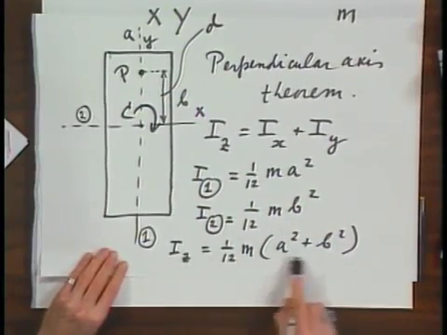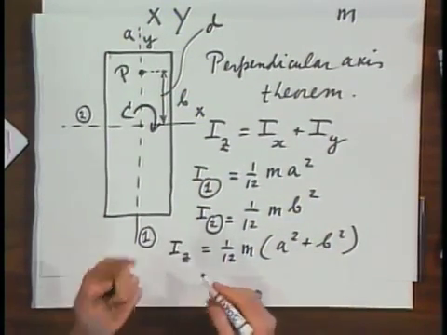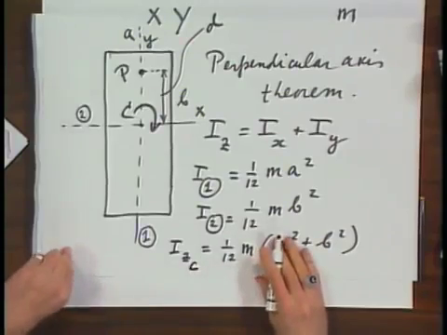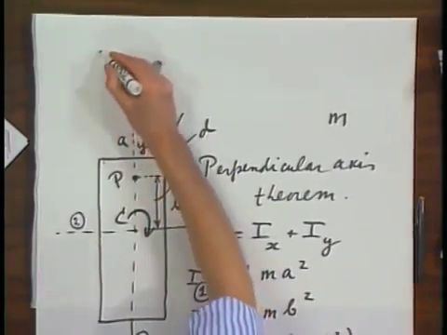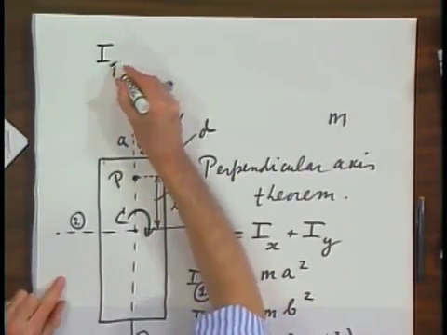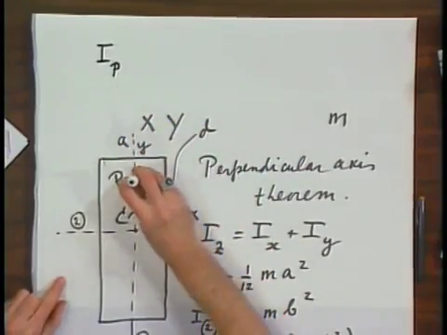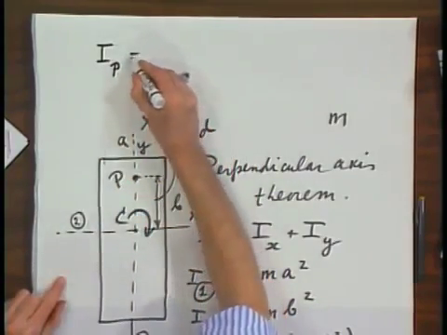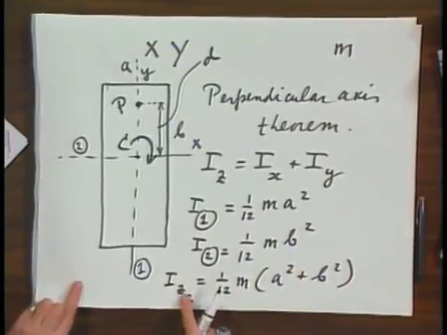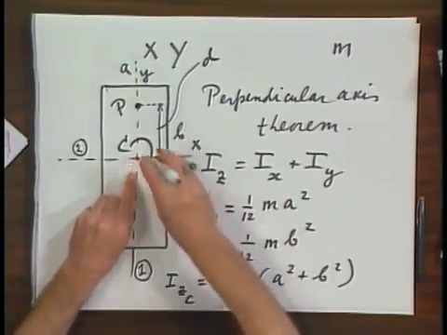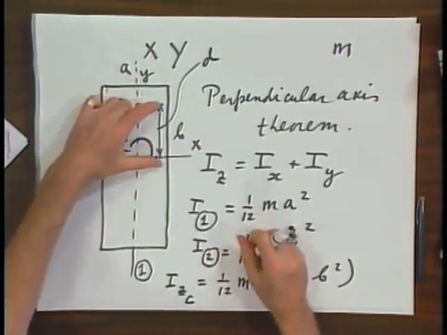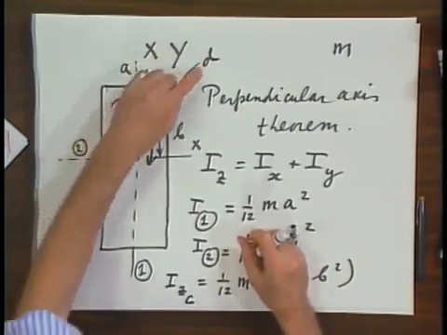And so I know the moment of inertia about the axis through point C, and therefore the moment of inertia about point P, for the axis perpendicular to the paper, is the moment of inertia about point C plus m times d squared.